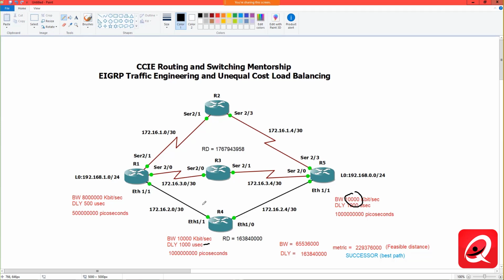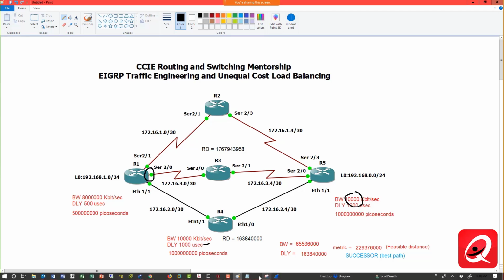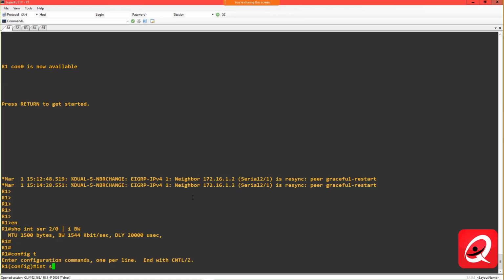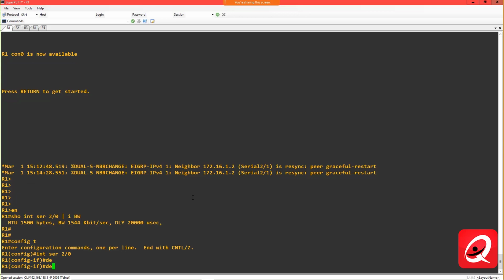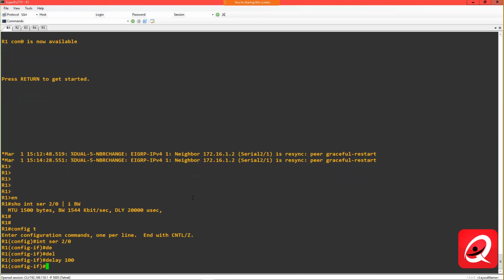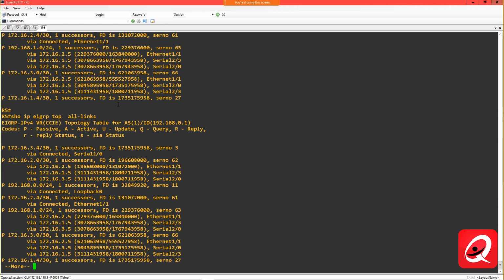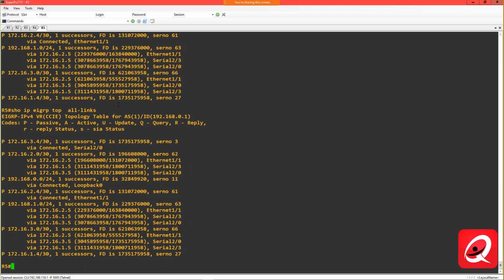So if I modify this delay to make it match, put it as 1,000 microseconds as well, would that make it qualify? Well, you have to do a little bit of math, right? But let's go ahead and just play around with it. So config T, interface serial 2.0, and we'll set the delay to 1,000 microseconds. Now, if I go back to router 5, I should see that reflected in the reported distance for that particular path. It might take a little bit for it to refresh, but the overall delay, actually, you know what?